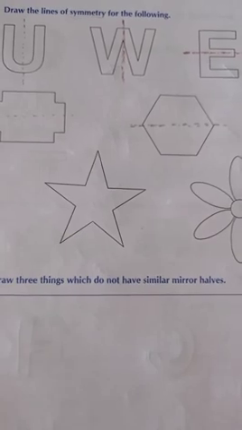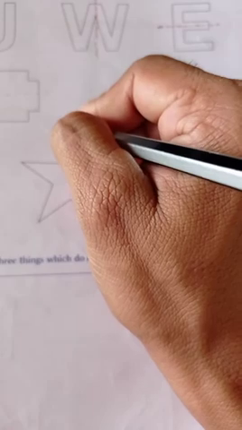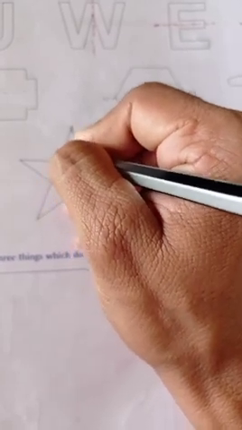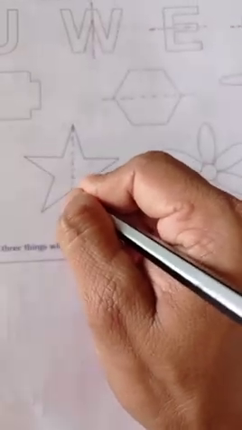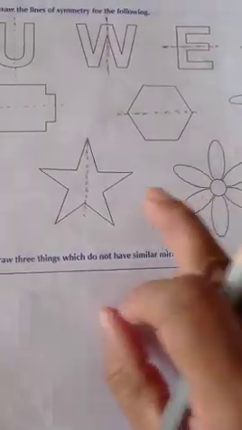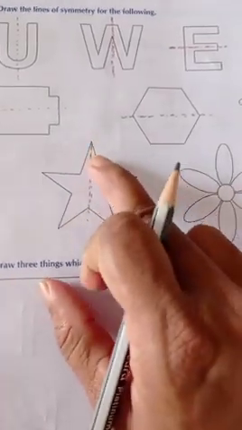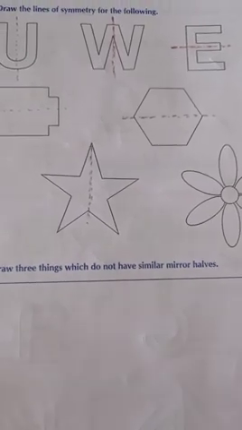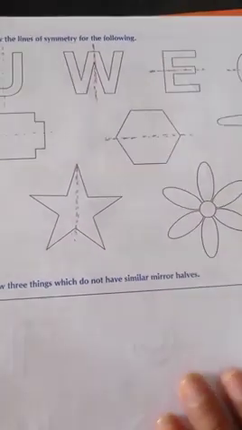Now this star, observe it first. Yes, now you can divide like this. Yes or no, children? If you divide it like this, it is a symmetry line. Now see, 1 2, and these half parts, here also half parts, and 1 2. The stars we can make into halves.